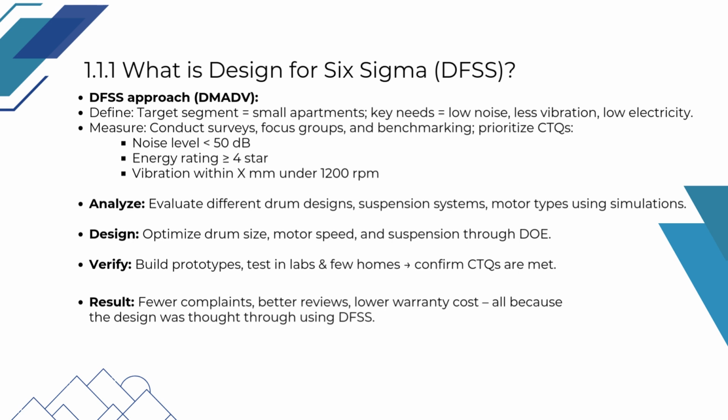Design: optimize drum size, motor speed, and suspension through DOE. Verify: build prototypes, test in labs and a few homes to confirm CTQs are met. Result: fewer complaints, better reviews, lower warranty cost, all because the design was thought through using DFSS.